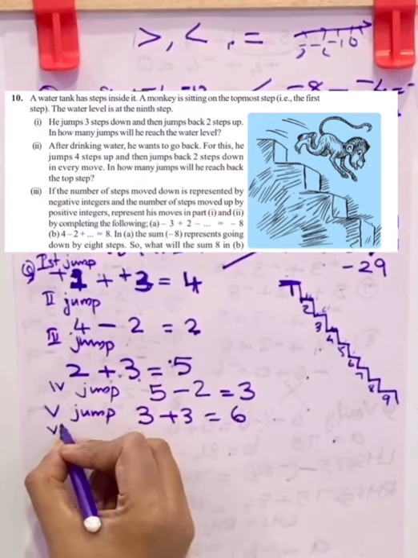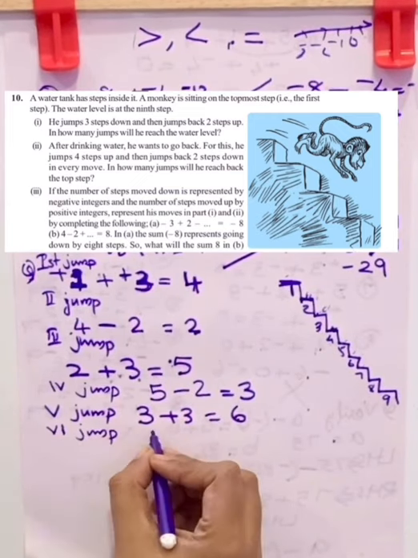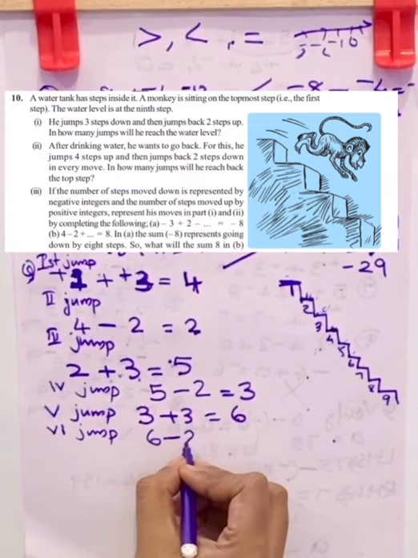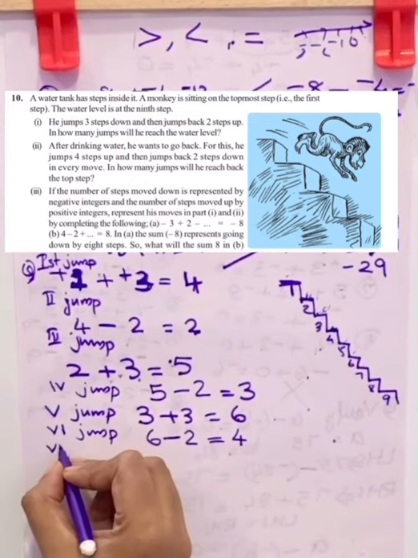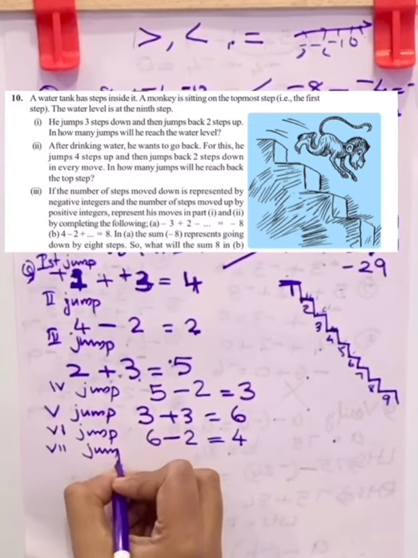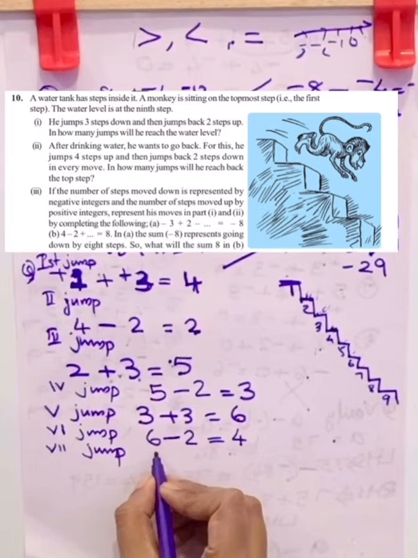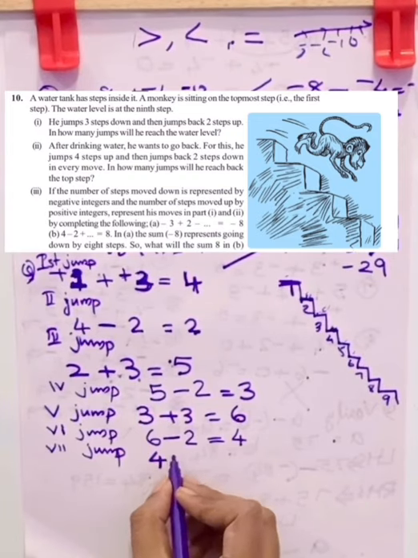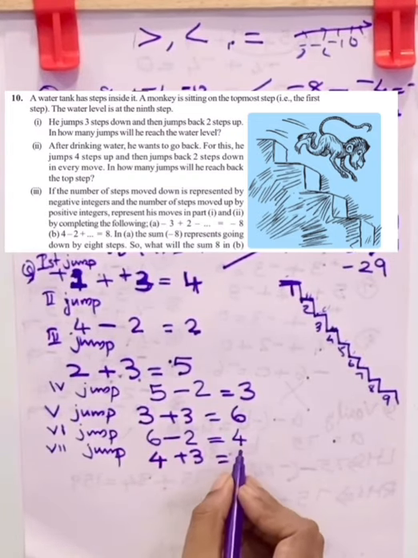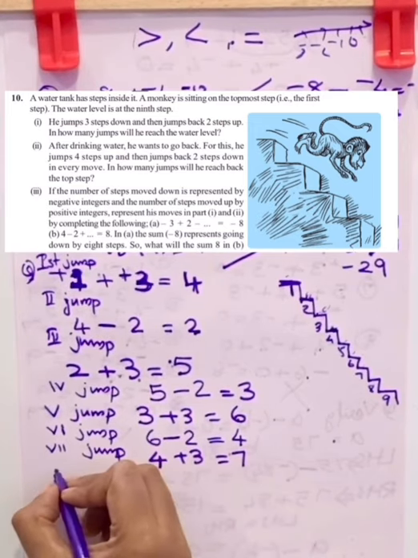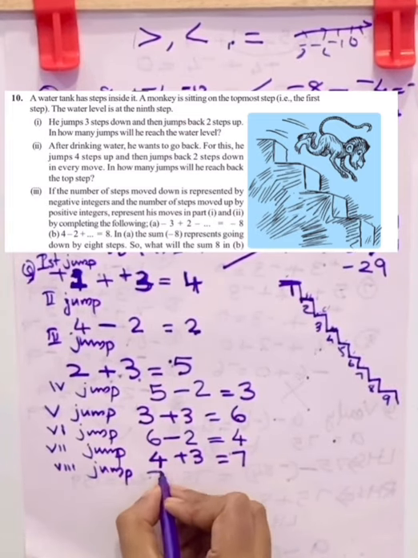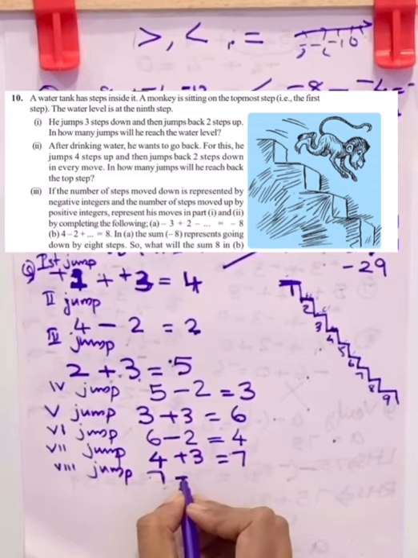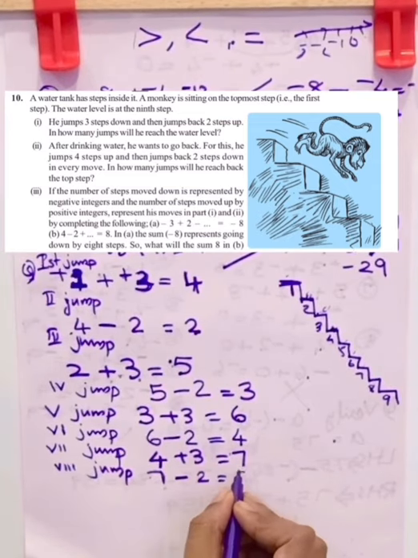Now from 6th step, he will jump 2 steps backward. So he will reach 4th step. Now on 7th jump, he was on 4th step plus 3. Then he will reach 7th step. Now from 7th step, he will jump backward 2 steps, then reach 5th step.